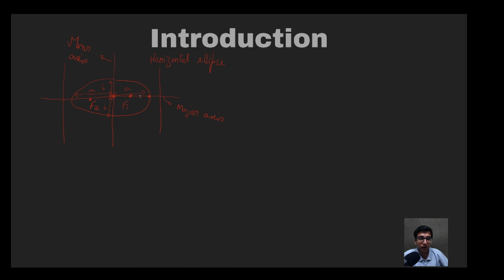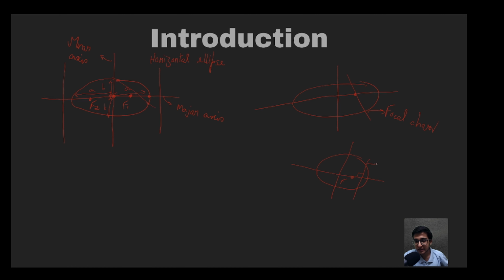Now there can be chords in this ellipse as well. If any line intersects the ellipse at two different points, then we call it a chord. And if the chord passes through the focus, then we call this a focal chord. If a chord is perpendicular to the major axis, then we call this a double ordinate.